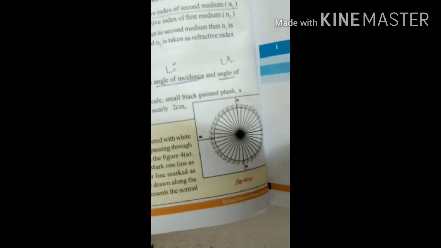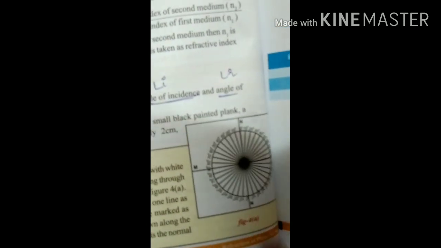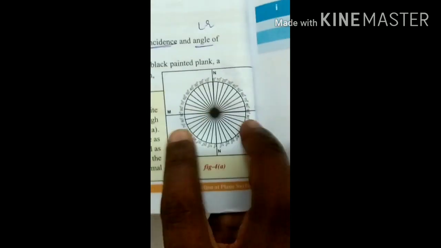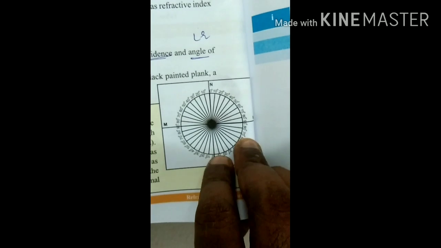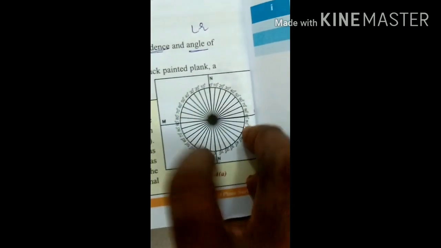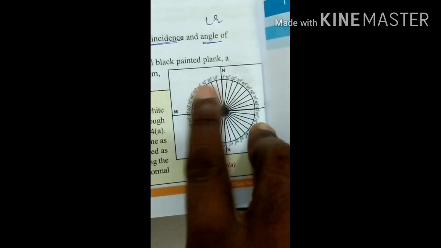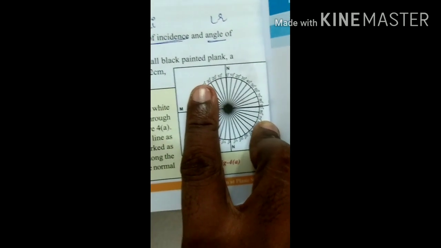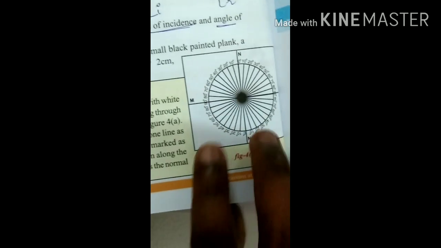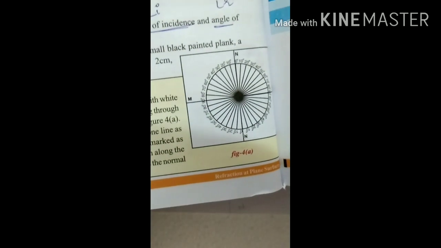Here a circle is given. That circle is nothing but the pro-circle. First they drew a line mm and a line nn, and then from the center they drew a circle. That circle is divided into angles. What we finally got is called the pro-circle.